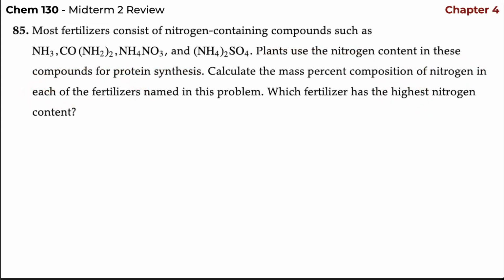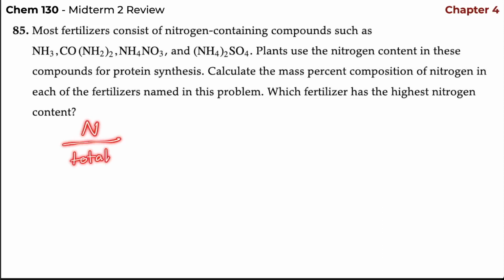Basically what it's asking us to do is find the percentage of nitrogen in each of these. To figure out the mass percent, we need to figure out how much nitrogen is in the total.